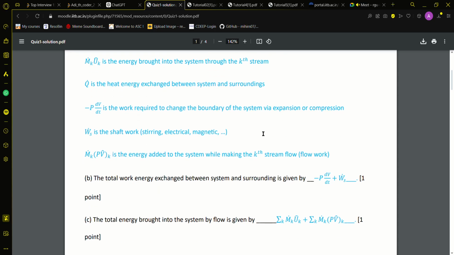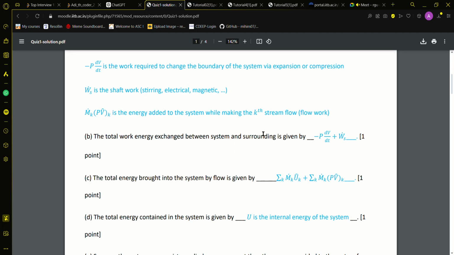The next question is the total energy brought into the system by the flow is given by. So basically this refers to the flow terms, the flow of internal energies. So that is the sum of m dot k U cap k plus the sum of m dot k P V cap k. So these are the flow terms in the given equation.